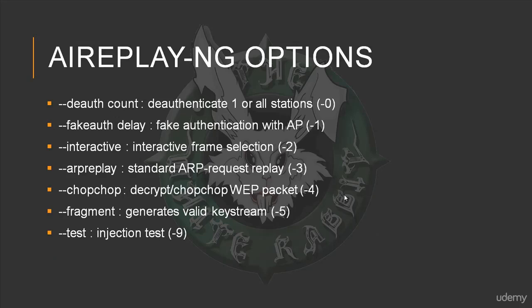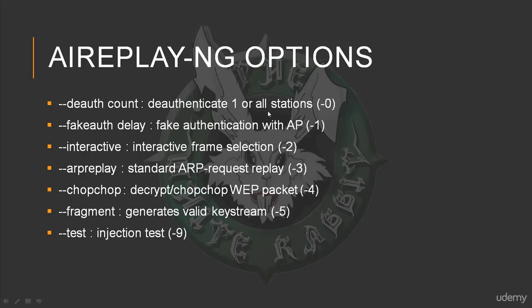We have already seen aireplay-ng used for injection testing, and that's with the -9 or --test option. There are also other options. For example, --deauth or -0. These are synonymous, just like -9 and --test were synonymous. This is to deauthenticate a station or all stations.